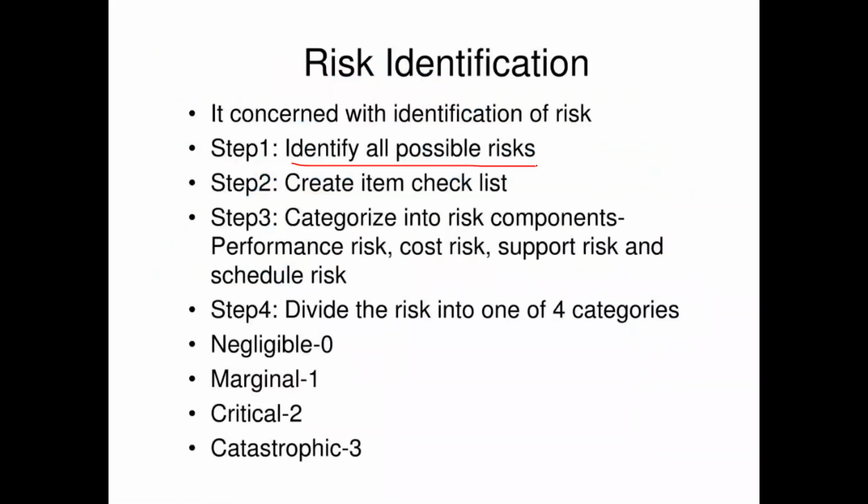So identify the possible risks, and step 2 is creating the checklist. This is risk 1, risk 2, risk 3. In this way I have to identify the risks and maintain a checklist, and for each and every risk you have to specify the type of the specific risk.